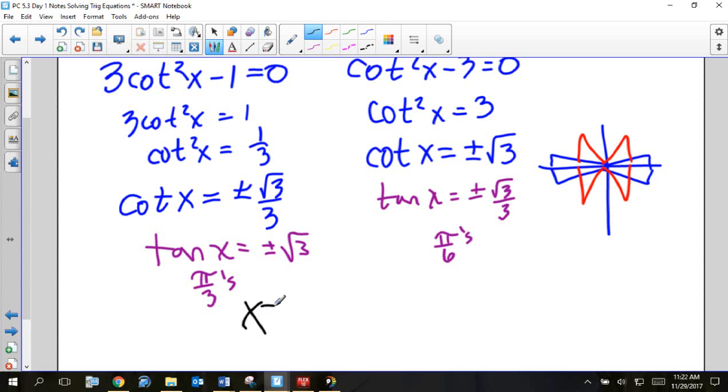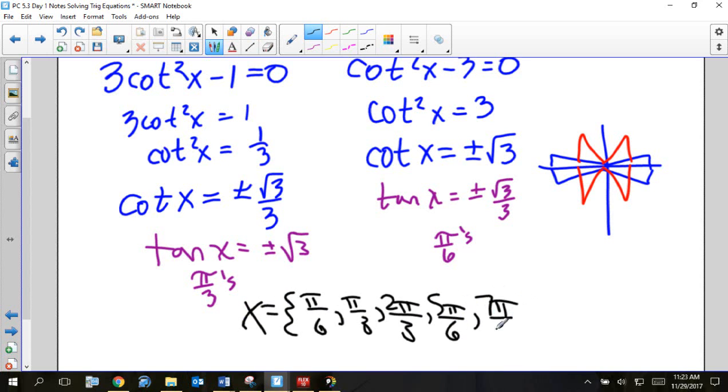So I'm going to have x equals pi over 6, pi over 3, 2 pi over 3, 5 pi over 6, 7 pi over 6, 4 pi over 3, 5 pi over 3, 11 pi over 6. Eight answers.